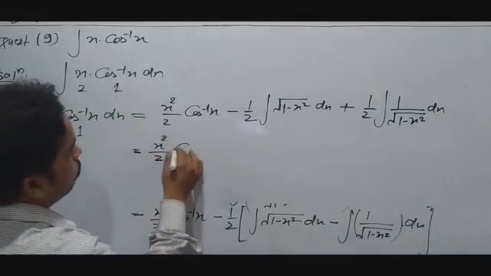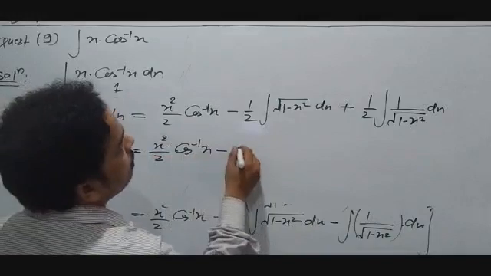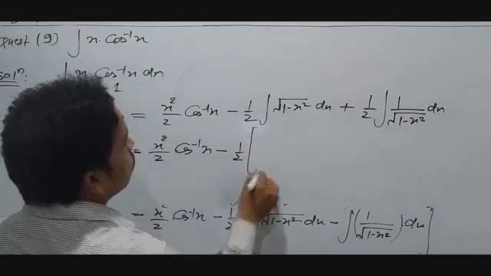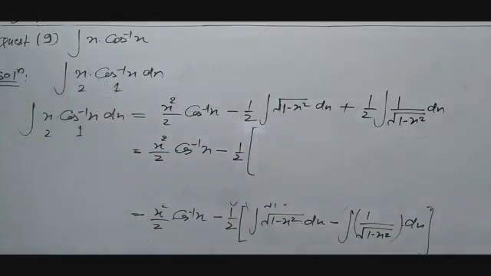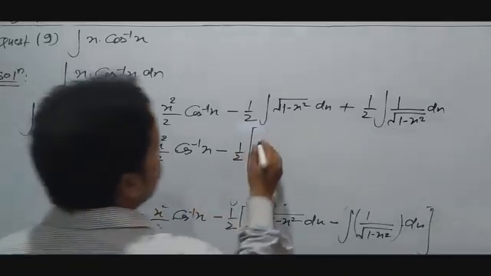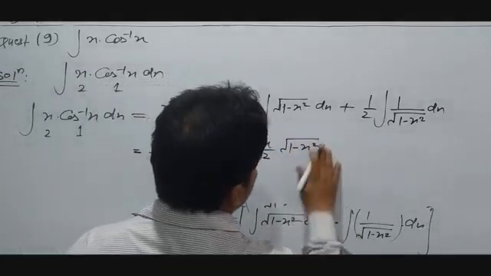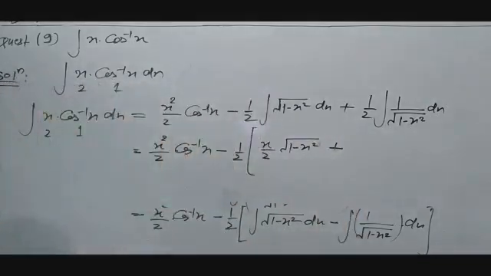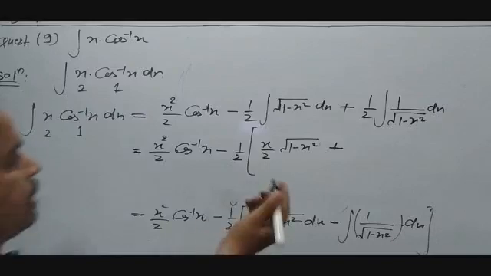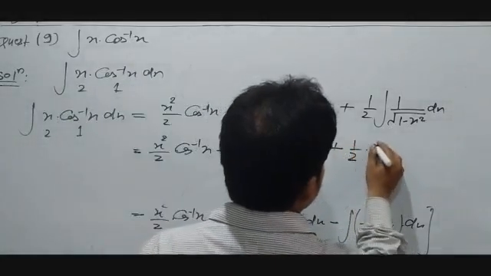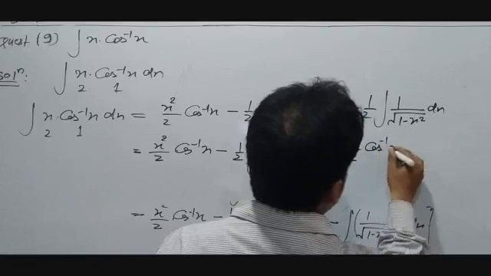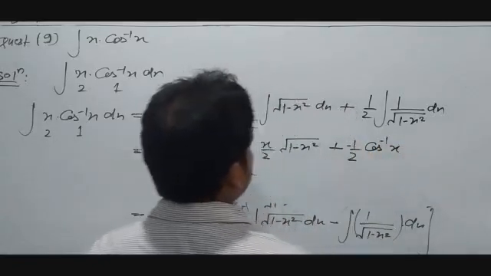Now x square by 2 cos inverse x minus 1 by 2. You know the formula of integration of root over a square minus x square. Its result is x by 2 root over 1 minus x square plus a square by 2, a square by 2 means 1 by 2, and times sin inverse x. Hmm, here the result is with cos inverse x with negative sign.